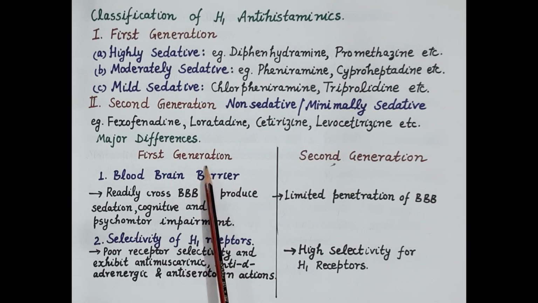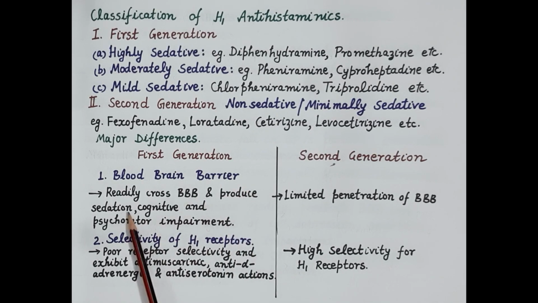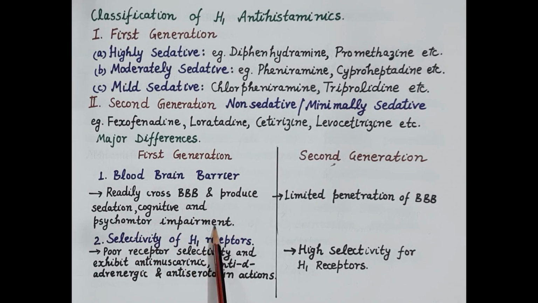Now, first generation antihistaminics are lipophilic, that means they are lipid soluble, and they readily cross the blood-brain barrier and counteract or oppose wakefulness and cognitive functioning that is regulated by histamine. And therefore, these H1 antihistaminics produce sedation and cause cognitive and psychomotor impairment.